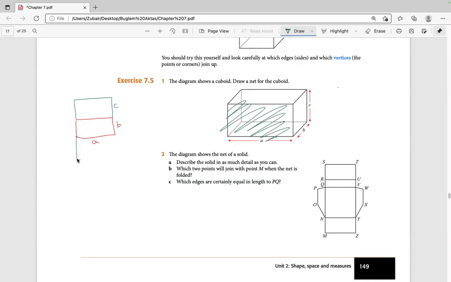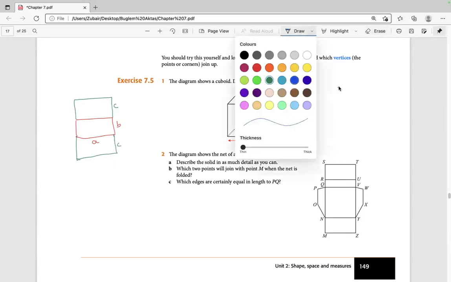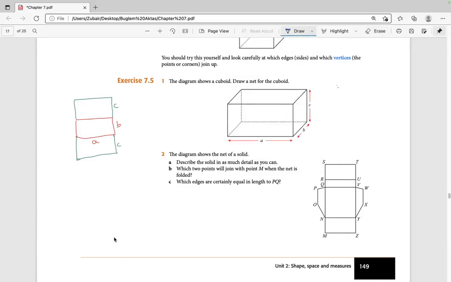And this should look like this. This height is going to be C. So the top and the bottom both have A with B, and the sides have A with C. Yes. Now this side is B into C. So we fall it right there. And same as this one towards the left-hand side.